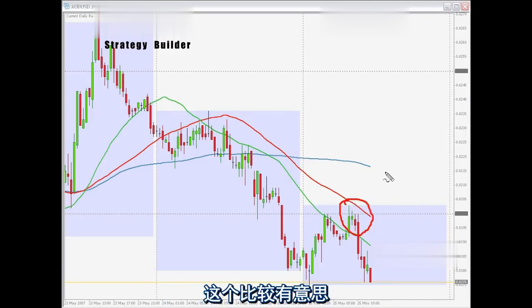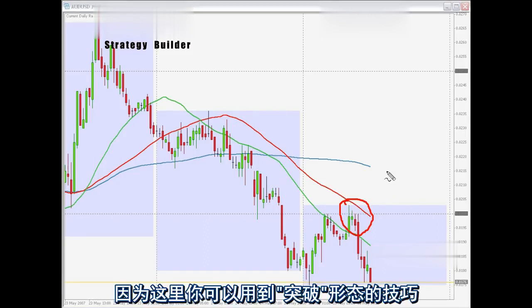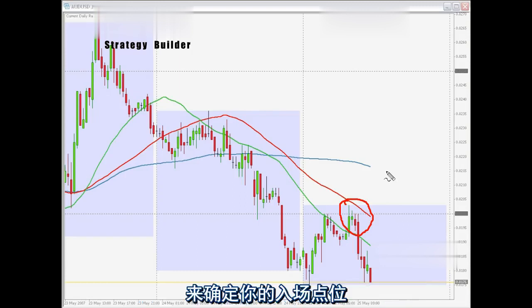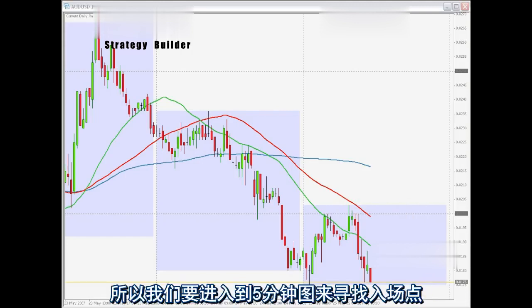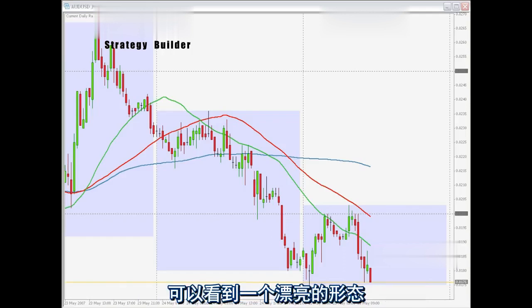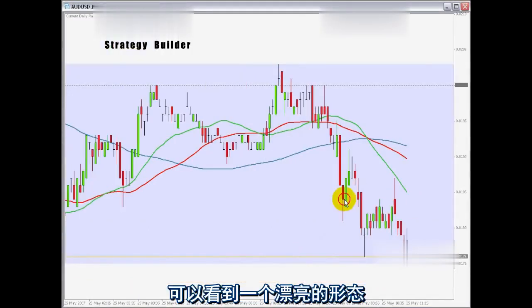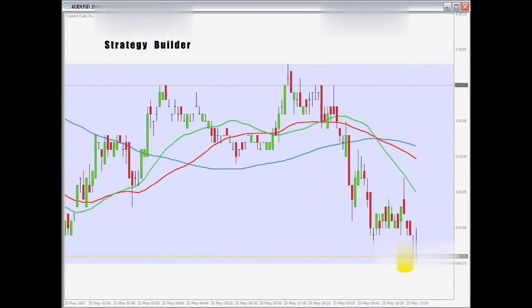It's interesting because it's one of those trades in which you can use the breakout technique, okay, in order to trigger your entry. This is the 30-minute chart, so if we zoom into the 5-minute chart for searching for a trigger, we will see a nice formation. All right.